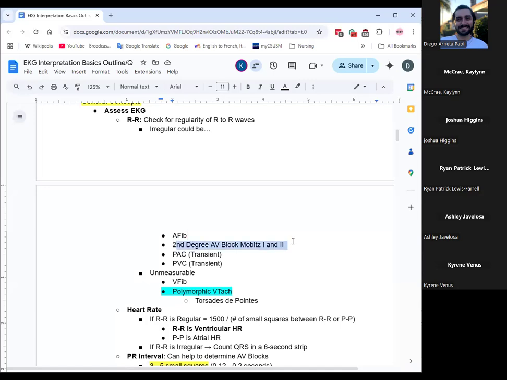Some sort of second degree AV block, which is irregular because of the drops. PACs and PVCs, which are not going to be too consistent, but they will cause irregularity in parts of the strip. And then some other ones, which, if it's unmeasurable, usually you can just tell from looking at it. You don't really have to go crazy about measuring it.